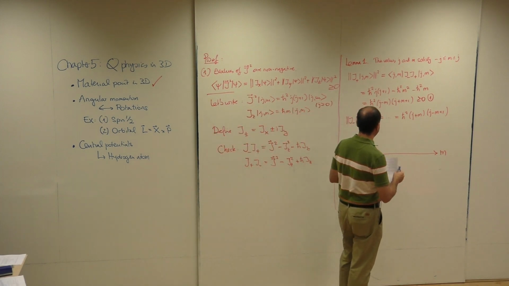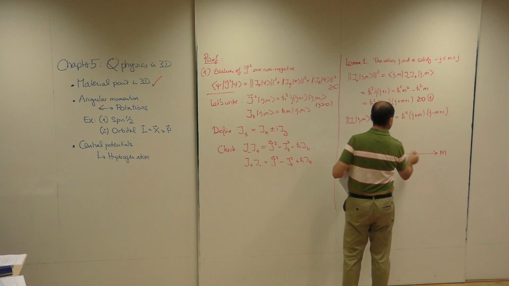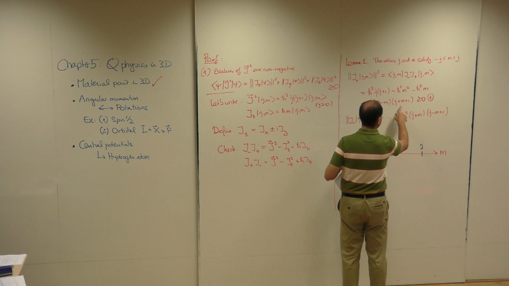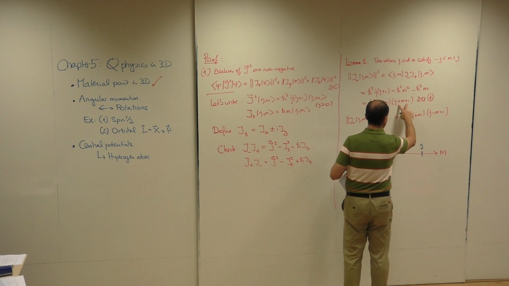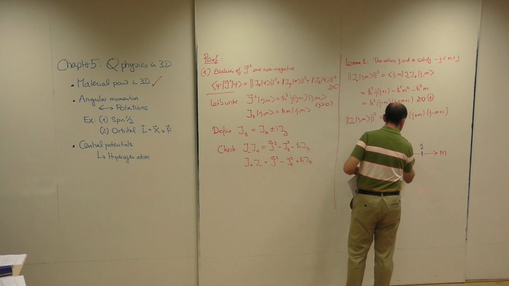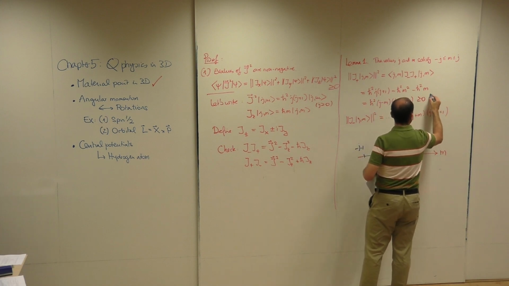The first term being positive means that M must be smaller than J, but must be bigger than minus J minus 1. So these are the possible values of M for condition 1.